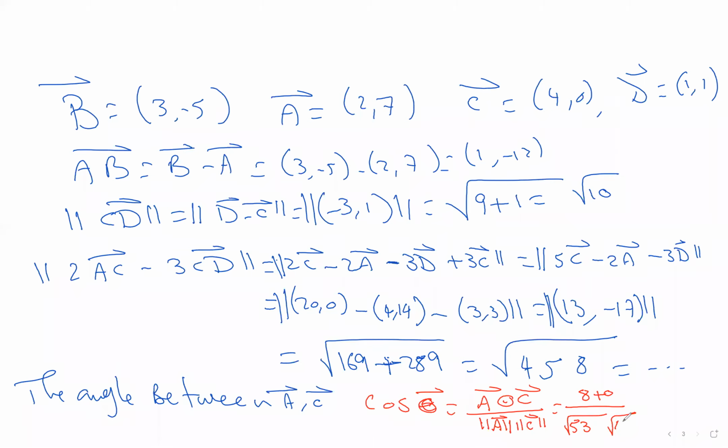So it will be 8 divided by 4, which is 2 over root 53. To find the angle, theta equals cosine power of negative 1 of the answer, and find it.